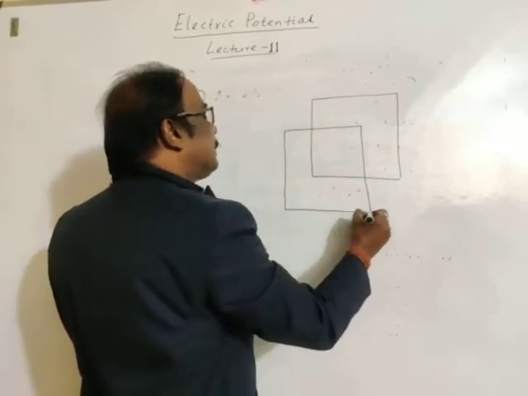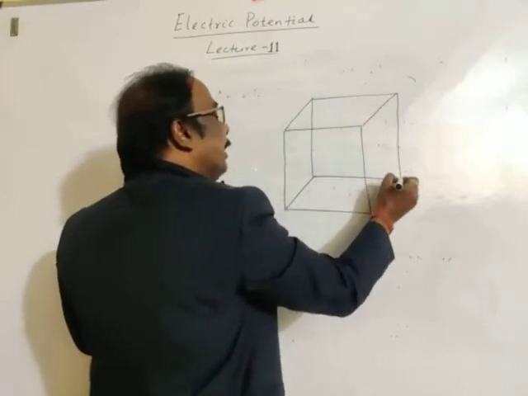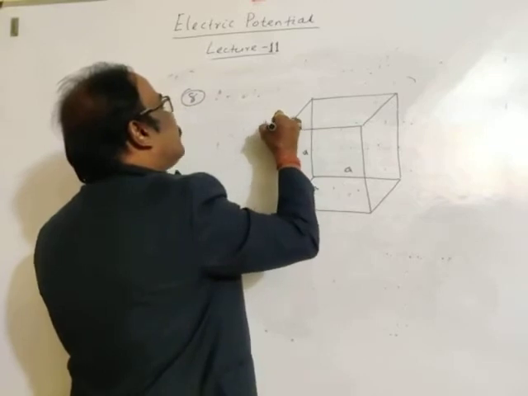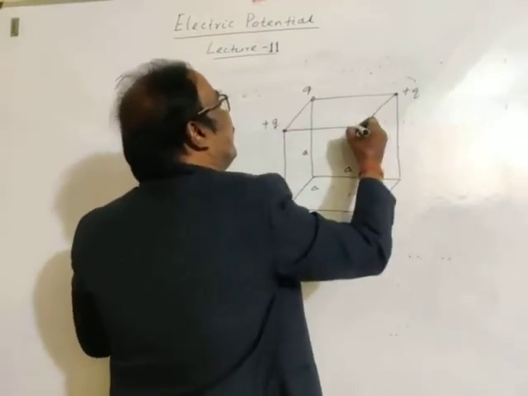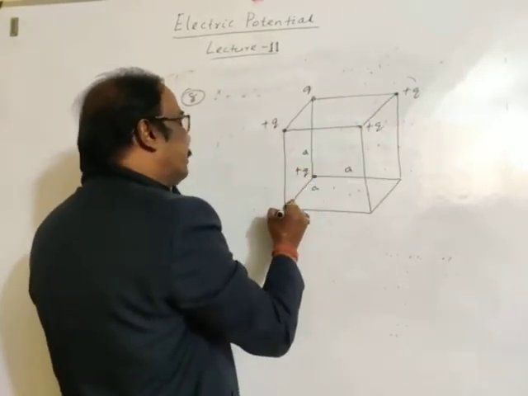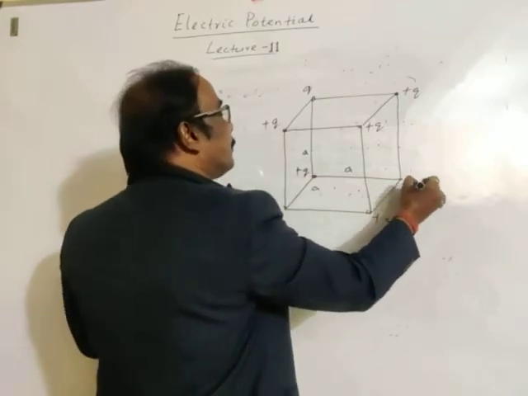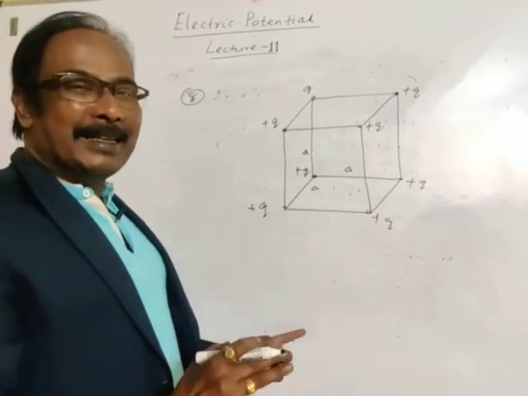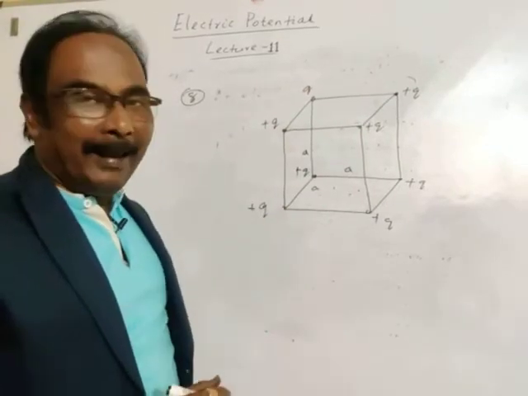Each side of the cube is A. There are 4 charges, Q. Let's take another 4 charges, Q. Means there are 8 identical charges at the corners of a cube of side A. This is the original configuration.